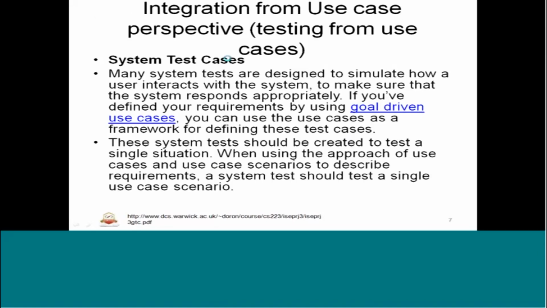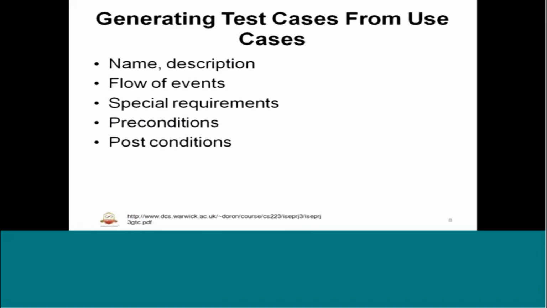Okay, and the use cases will have the below items, you can see: the name and description of that use case, the flow of events that the use case can take, or different flows of those events, how it's going to drive, and any special requirements it's going to cover, because having the user perspective, we may cover more functionality or specific requirements that are also addressed.